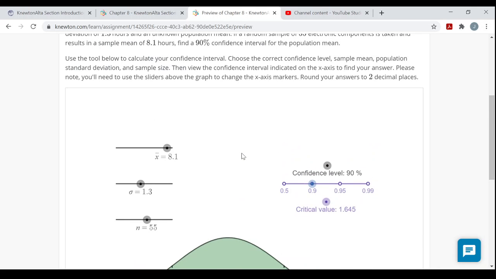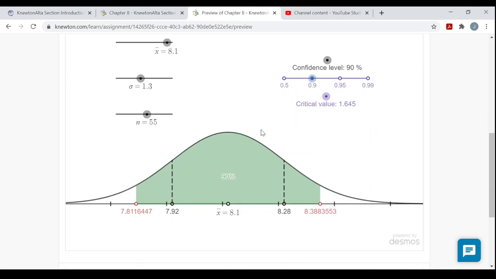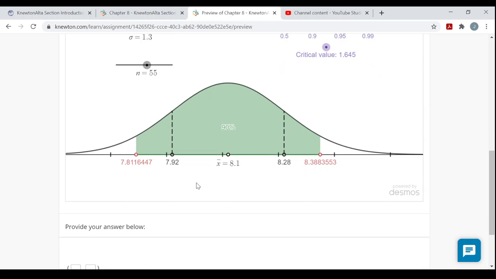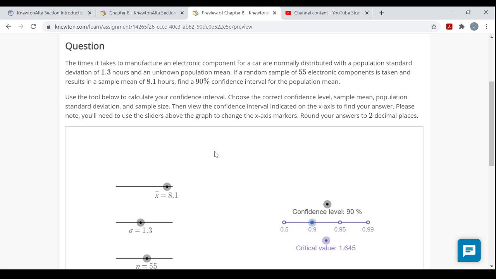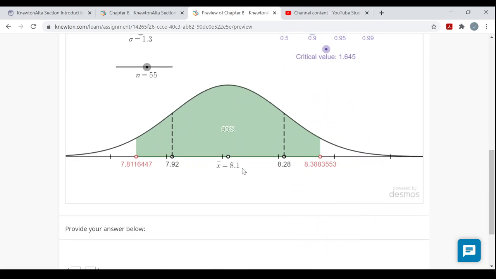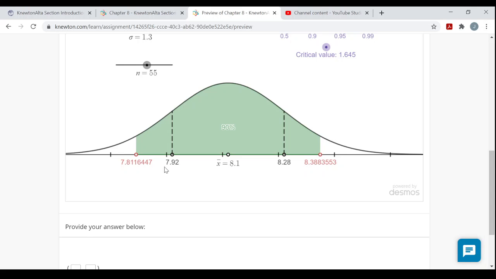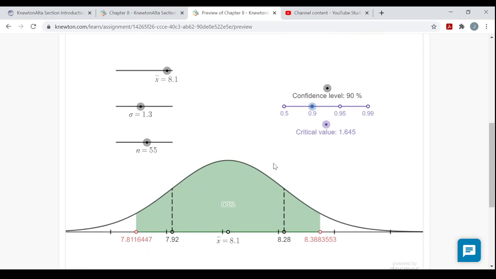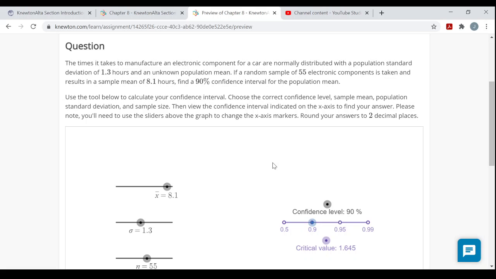They said round your answers to 2 decimal places. So based on this sample, we would say that we are 90% confident that the true average time it takes for the population to make all these electronic components is somewhere between 7.81 and 8.39 hours.